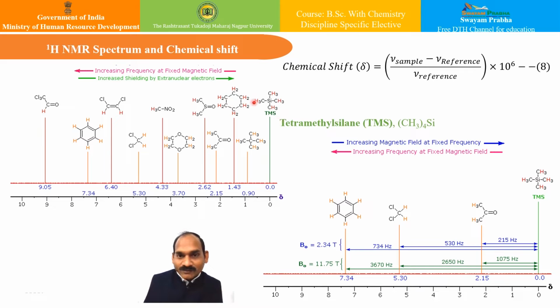This is its molecular formula, which has 12 equivalent protons. All of them resonate at the same frequency, and therefore a sharp single peak is obtained with a small amount of TMS. Very small amount is needed. This is the first property.